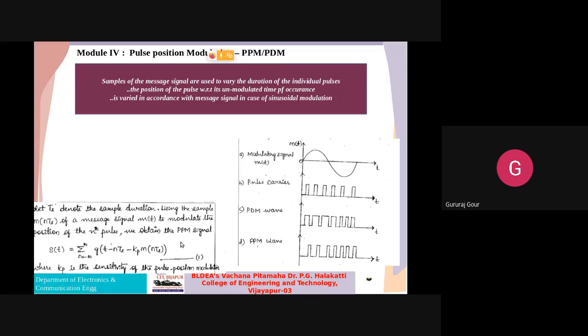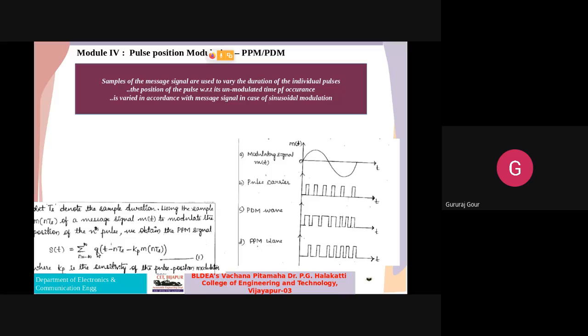This is the standard equation we are following, as shown in equation number 1. If you consider TS as the sample duration, using the samples m of nTs of the message signal m of t, to modulate the position of the nth pulse we get the PPM signal as g of t minus nTs minus kp of m of nTs, where kp is the sensitivity of the PPM.